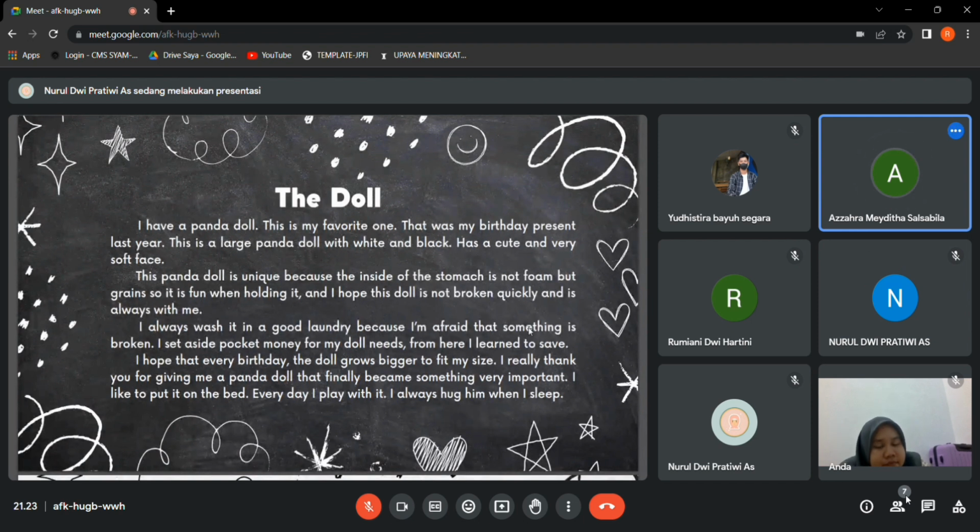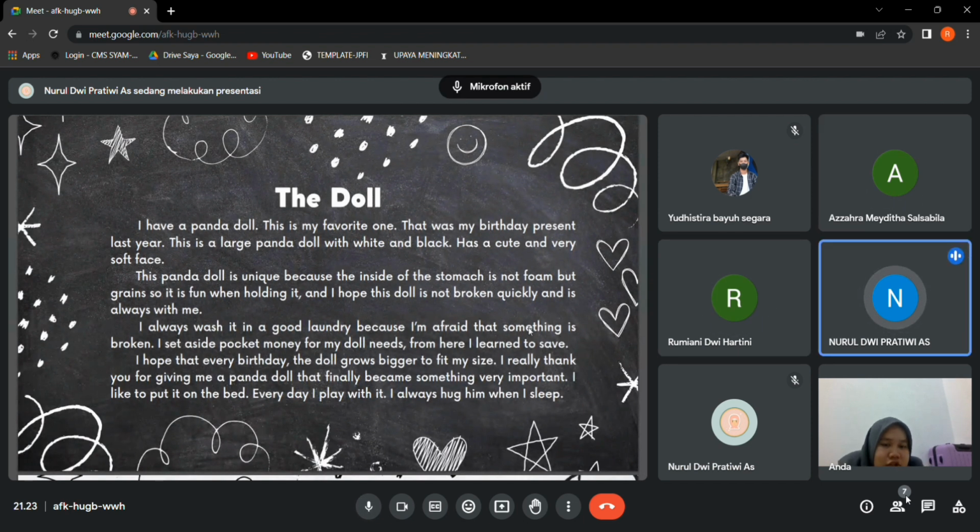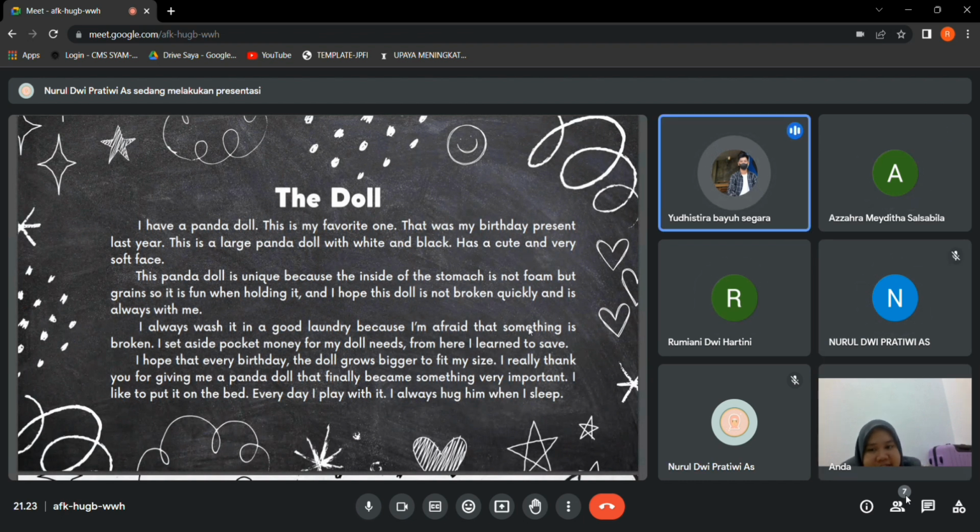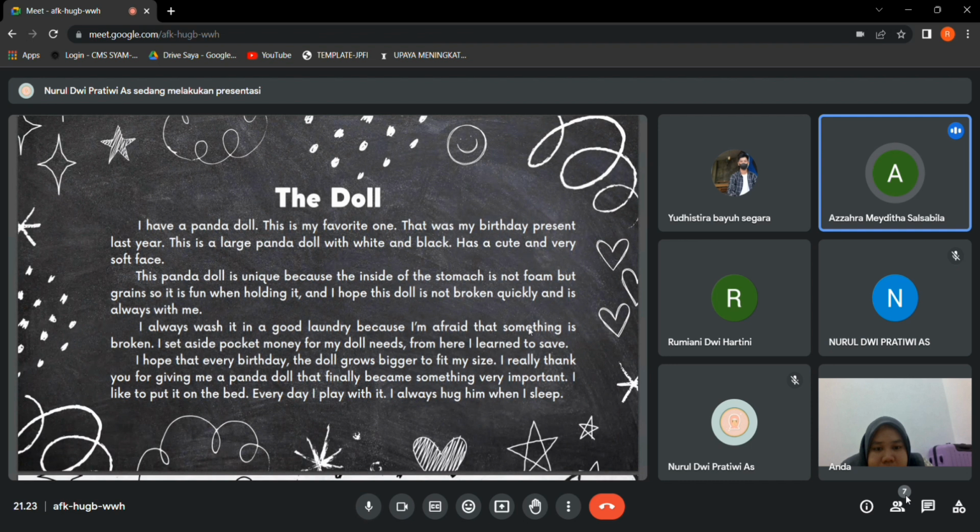Okay. And then the use of adjectives. White and black panda, white and black, unique, fun, and very soft face. And use always have.